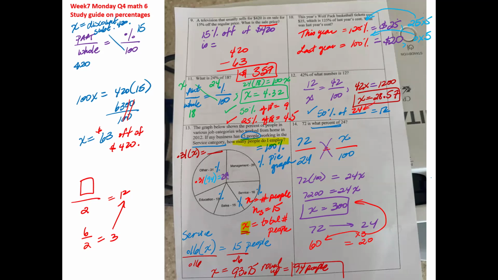I'll just put 29 people working in others. What about 94 times 0.25? 23.5. I'll just put 23 because you can't have half a person.